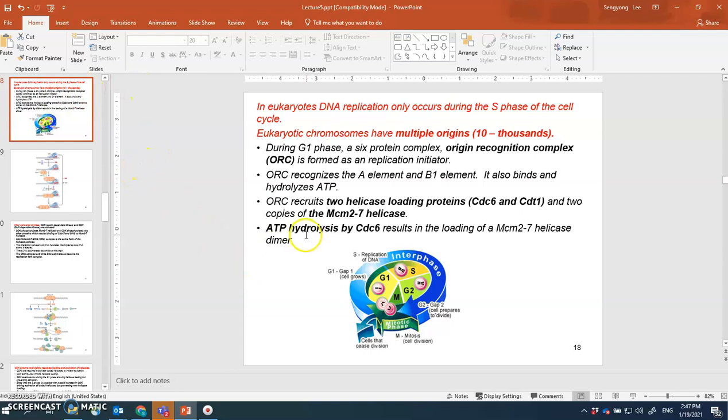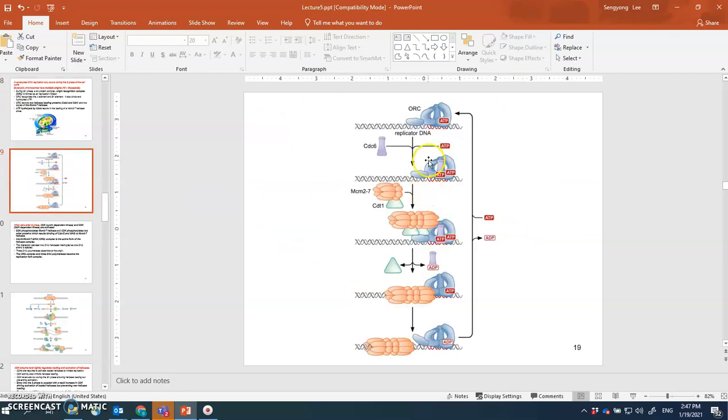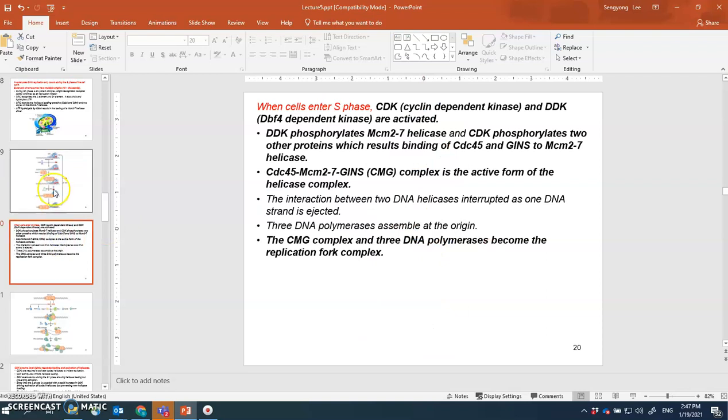And the ATP hydrolysis by CDC6 results in the loading of the MCM2-7 helicase dimer. So we see that ATP hydrolysis. It's a dimer: one monomer, and there's another monomer, and the dimer is formed. So ATP is required for that process.